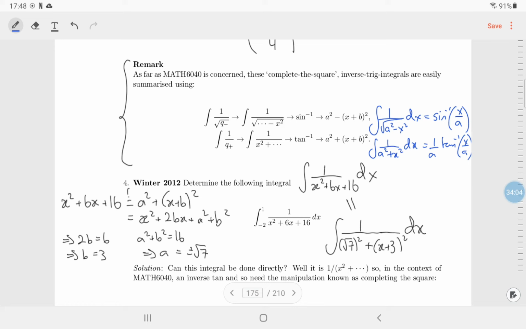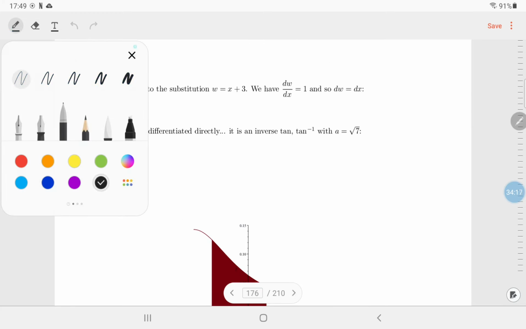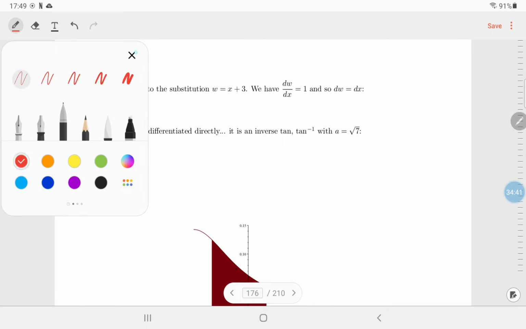I would recommend, now we can actually bring in the limits, temporarily anyway. I would do a little w substitution, w equal to x plus 3. If you're going to do a w substitution, I recommend forgetting about the limits until you go back to x. So we have 1 over the square root of 7 squared plus w squared, and dx is equal to dw.